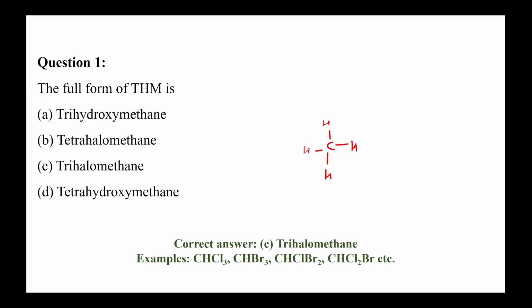When three of the hydrogens are replaced by halogens, and halogen means chlorine, bromine, fluorine, iodine, any of these, then the compound is known as trihalomethane. Okay, because there are three halogens, so trihalomethane.